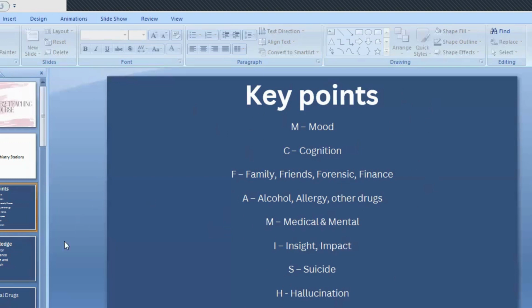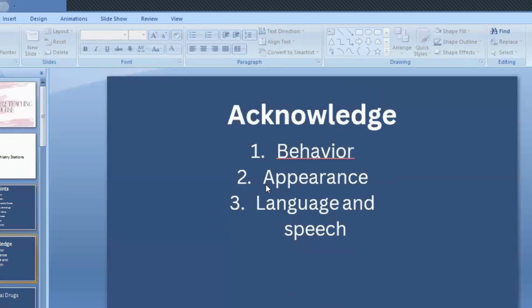So this is the slide that we're going to discuss now. In cases of psychiatry, and this is not only in psychiatry stations, in all cases of PLAB 2, in all scenarios, in all stations, it is highly recommended that we keep our eyes and ears open.